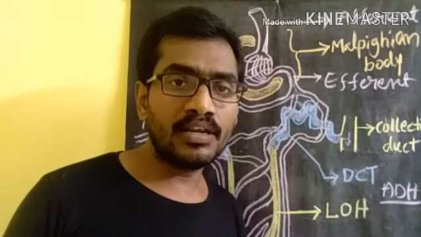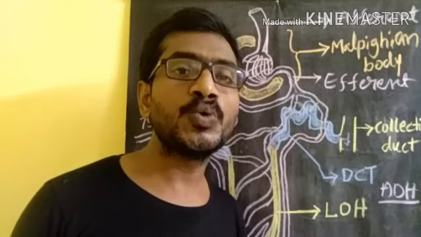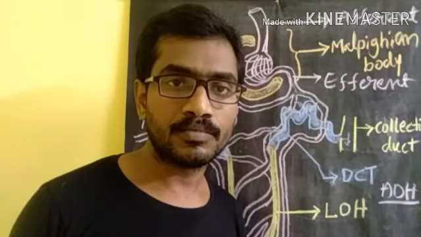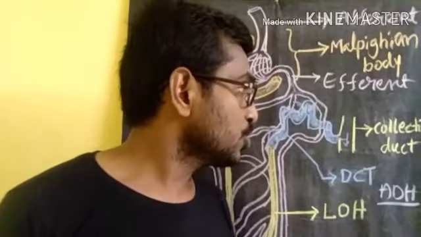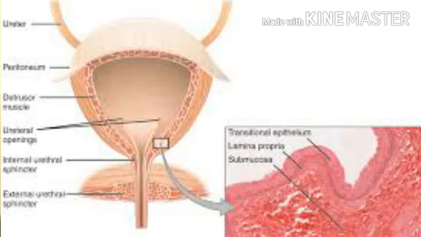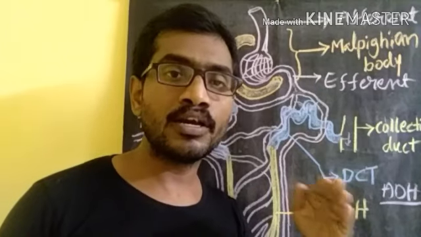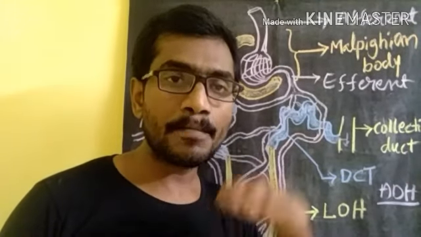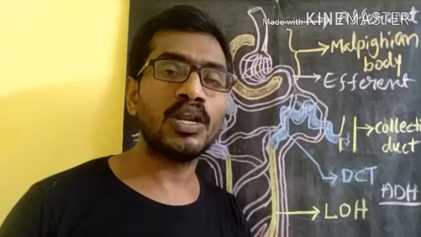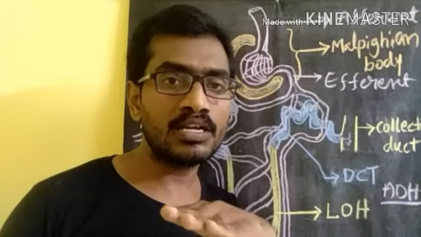Then we get an urge to urinate, so that urine comes out through the urethra from the urinary bladder. But it is under the control of two sphincters which are present at the junction of the urinary bladder and urethra. The upper muscles are not under our control and the lower muscles are under our control.